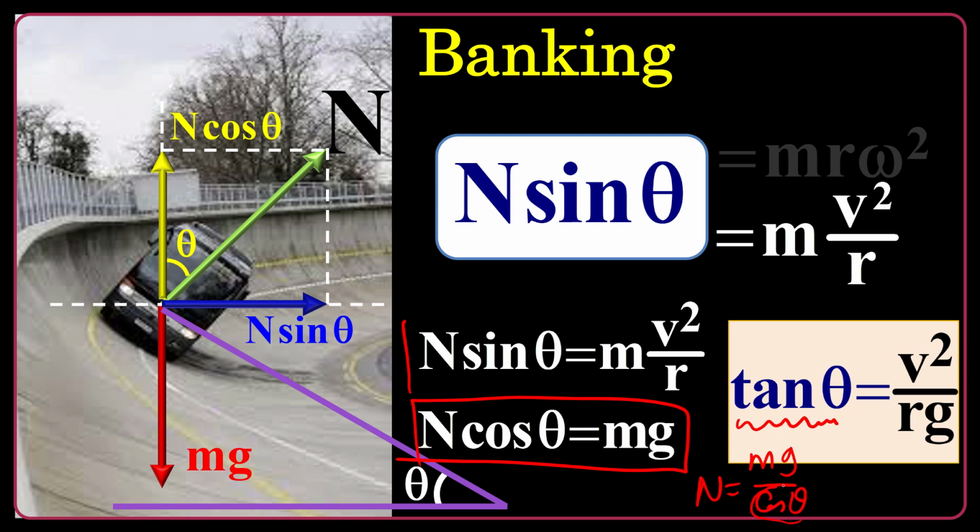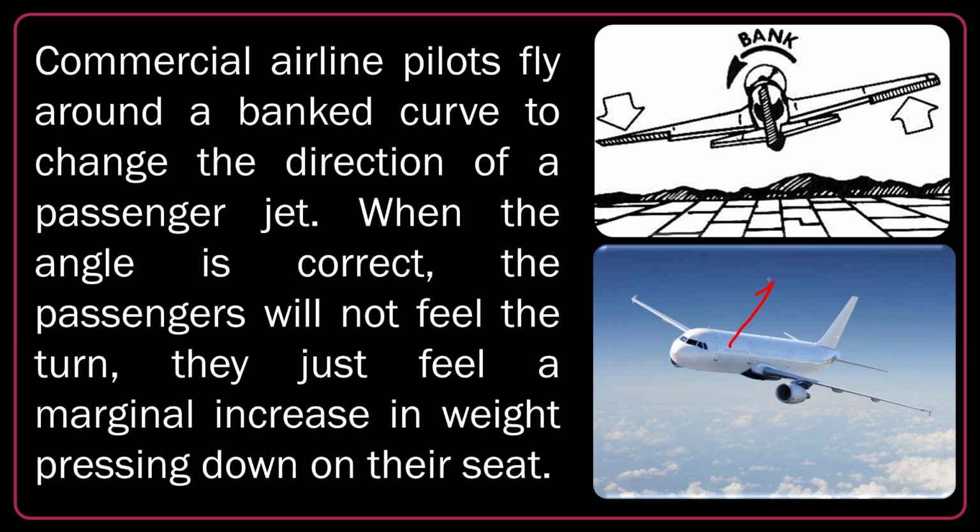As cosine of theta is always less than 1, this fraction is larger than mg. So the normal force in this case is going to be larger than mg. So the passengers will feel a marginal increase in weight, but it's not going to affect their comfort.